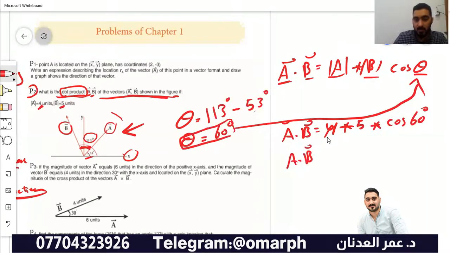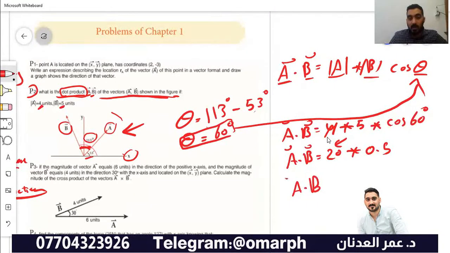A dot B equals 4 by 5, which is 20, times cosine 60 degrees, which is equal to 0.5. It means 20 times half. The half of 20 equals 10. Therefore, A vector dot B vector equals 10 units.